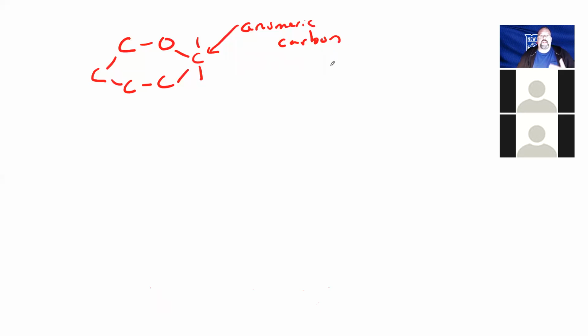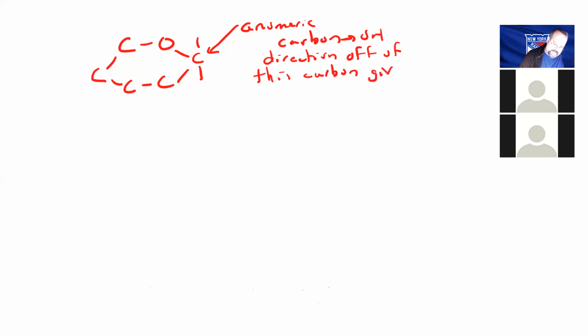So one of the things that you want to become accustomed to is that whether it's a 5-atom ring or a 6-atom ring, the carbon to the right of the oxygen is the anomeric carbon. It's the OH direction off of this carbon that tells us alpha or beta.